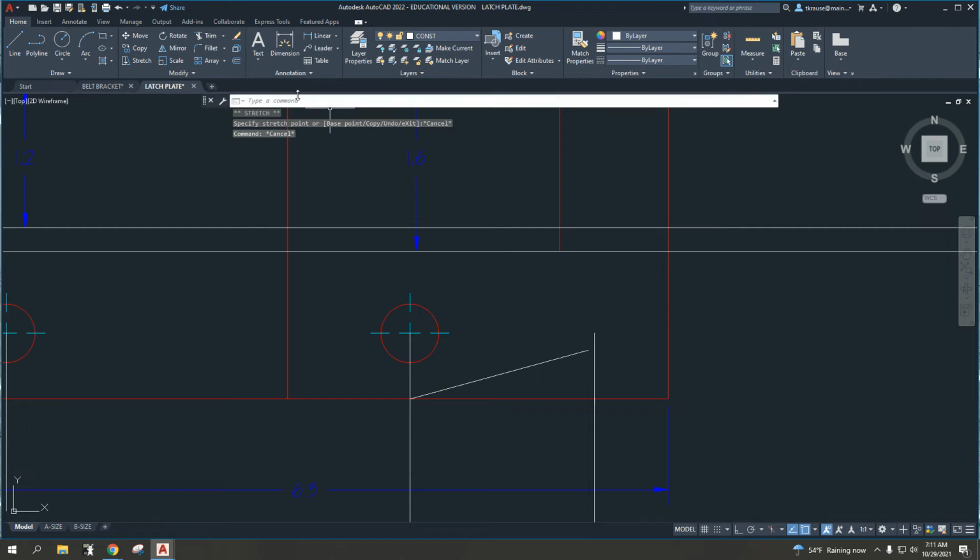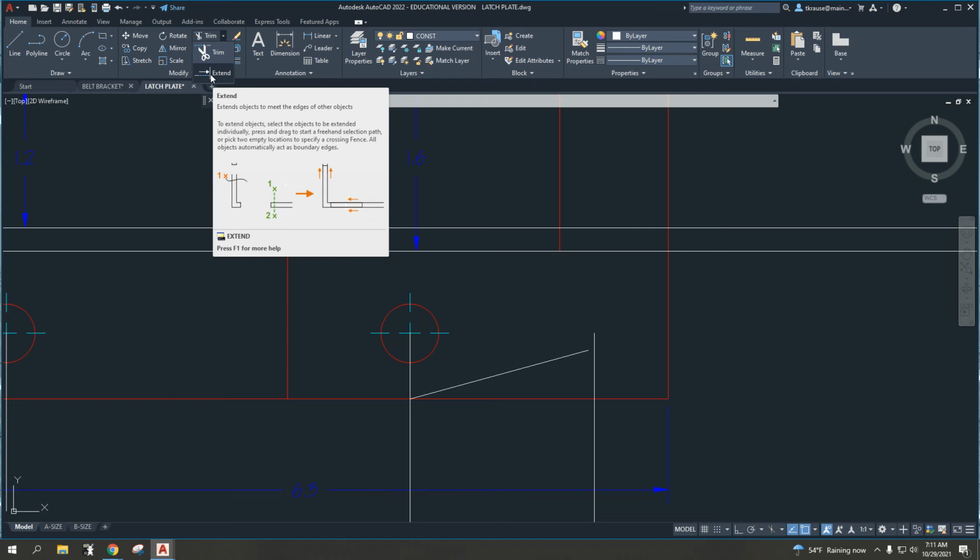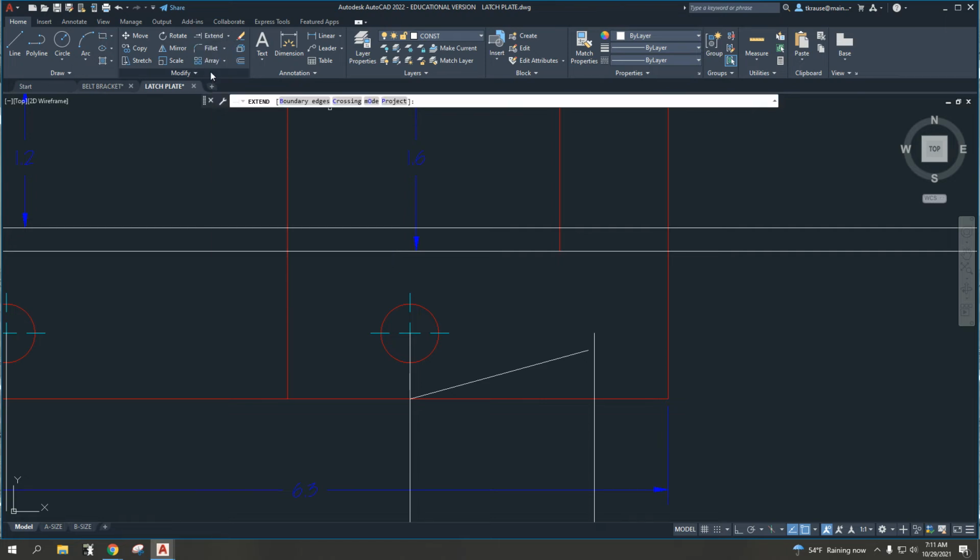However, a new command we haven't talked about before is in the drop down for trim. You see there's another option called extend. Okay, extend. So this allows us to take a line that maybe doesn't meet something and extend it to meet it. So if I select the extend option, all I have to do, and this is a new adjustment in AutoCAD, is just highlight the line.